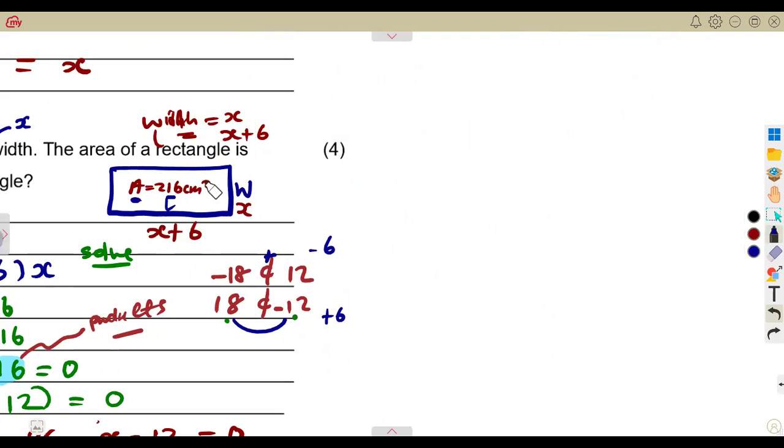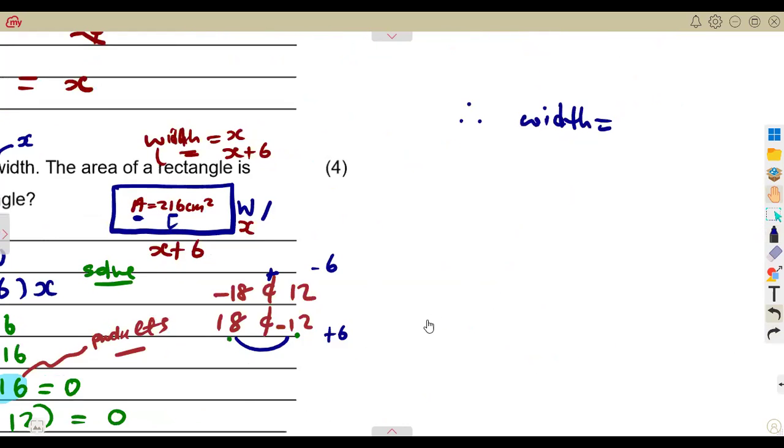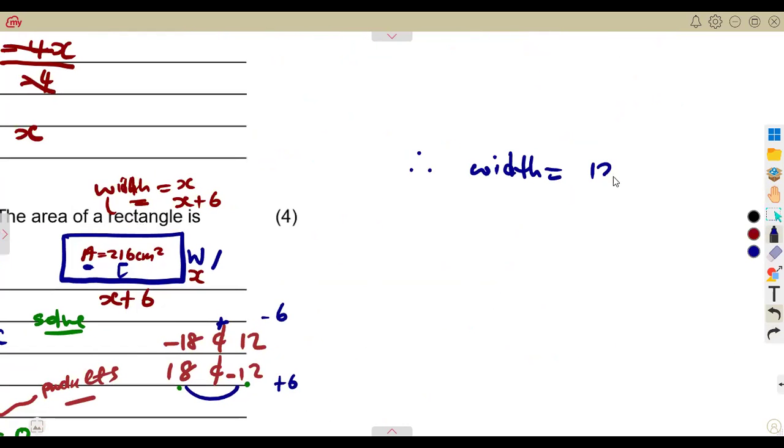On the dimensions of a rectangle, the smallest dimension is the width. So the width is taken as the smallest answer that we got here, which is 12. So the width was 12 centimeters.